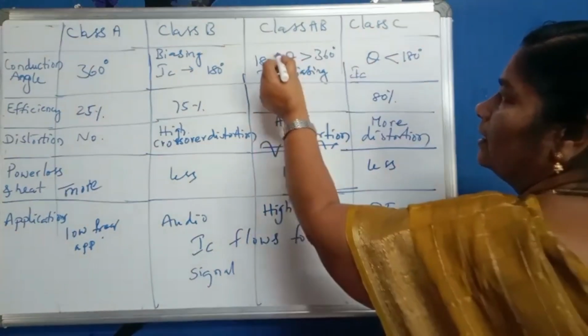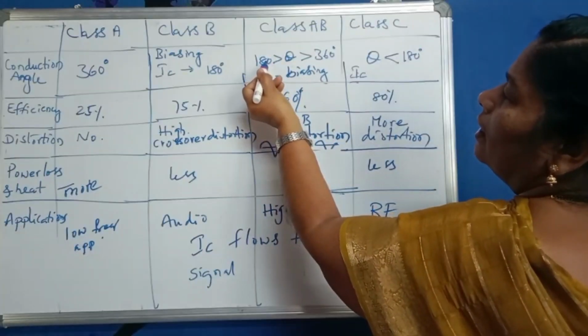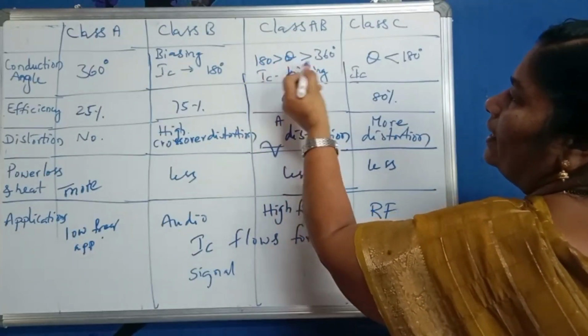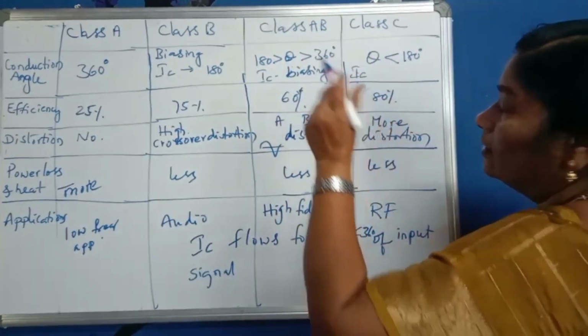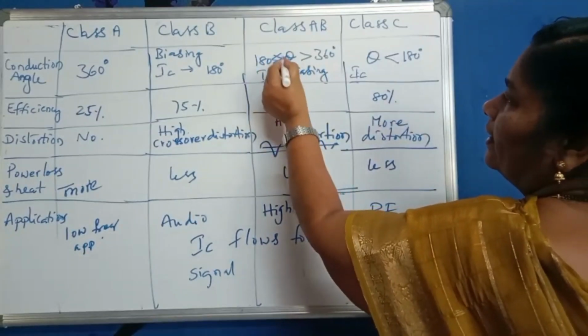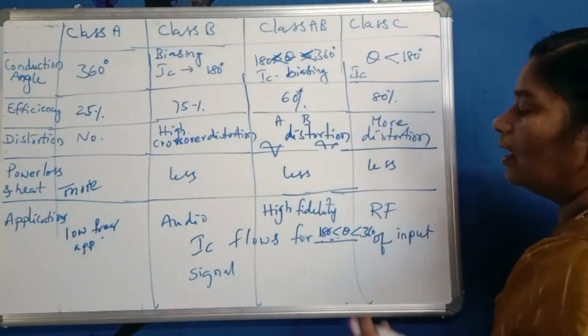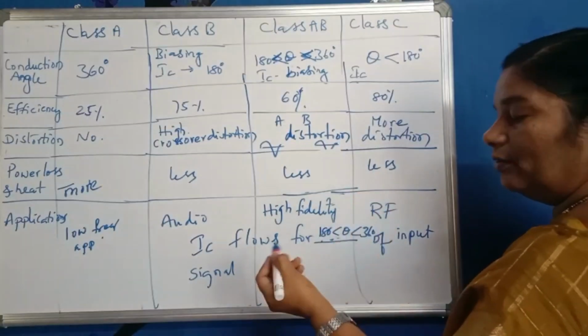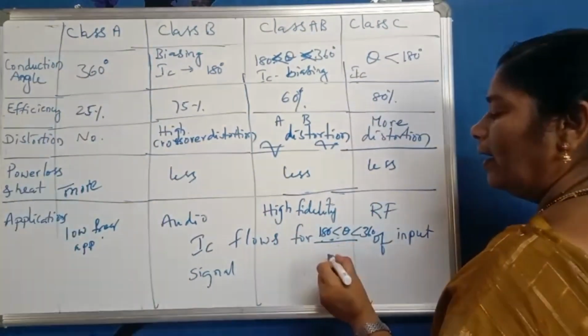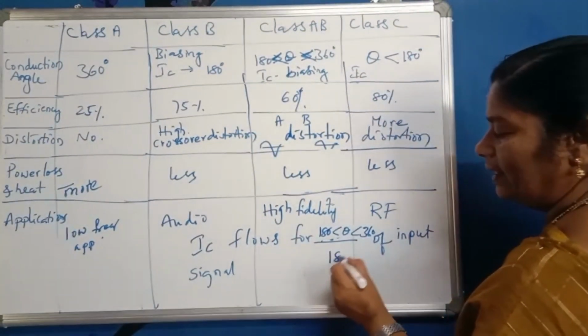So here theta is greater than 180 degrees and less than 360 degrees. Here I wrote it correctly. And for class C, it is less than 180 degrees.